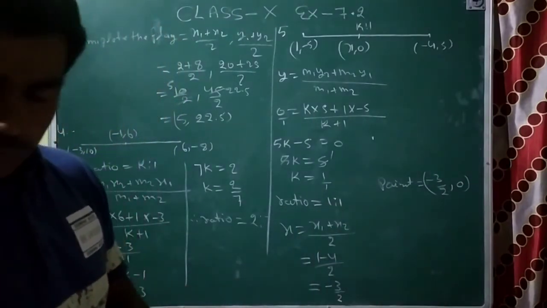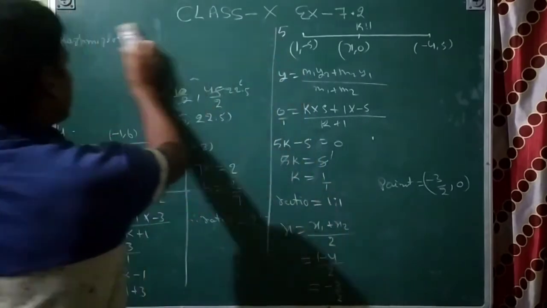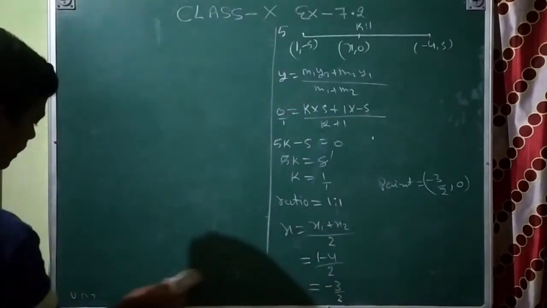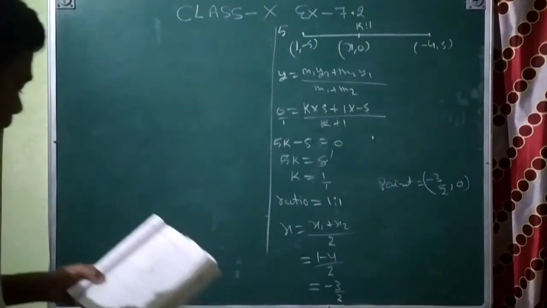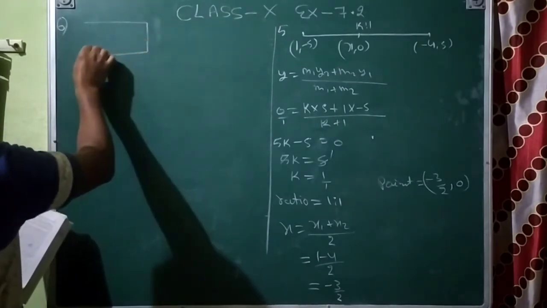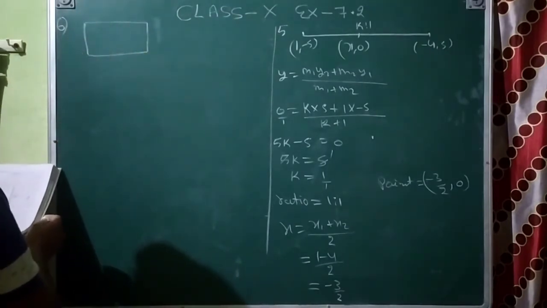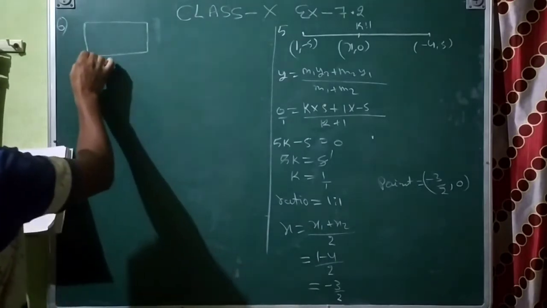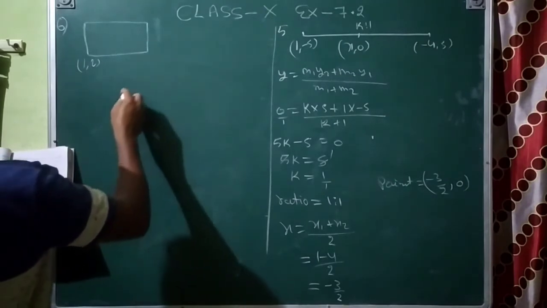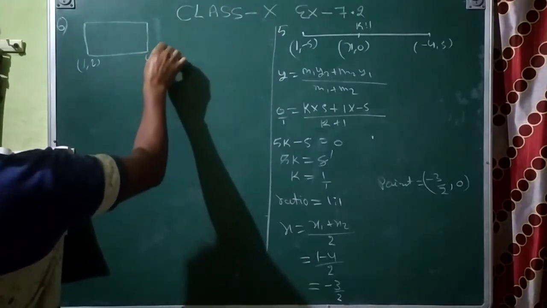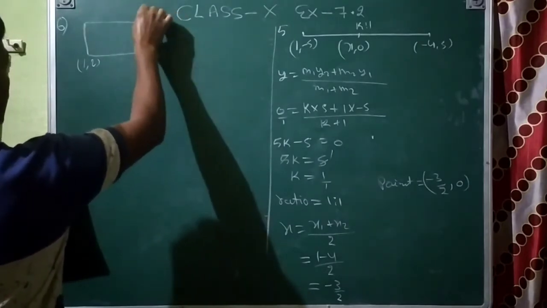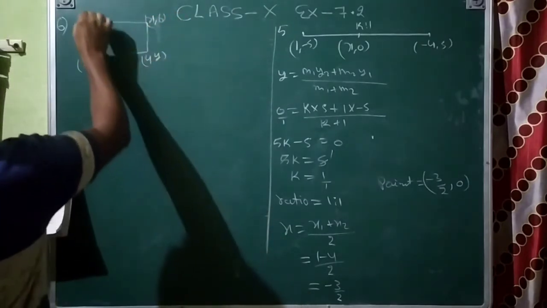Now the sixth question. This is not a difficult question, you can see it very easily. A parallelogram is given here with vertices (1, 2), (4, y), (x, 6) and (3, 5).